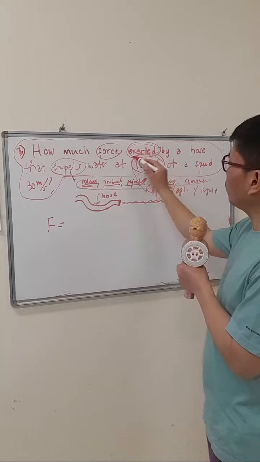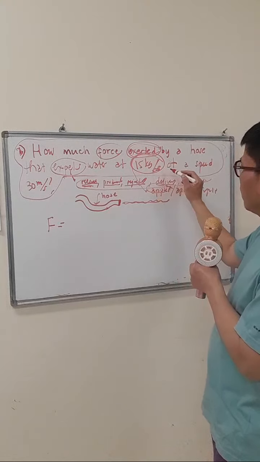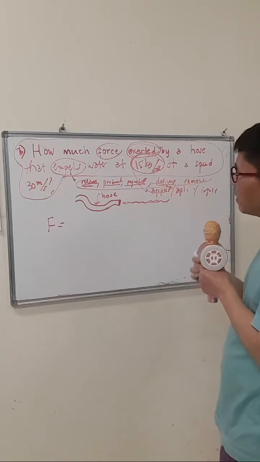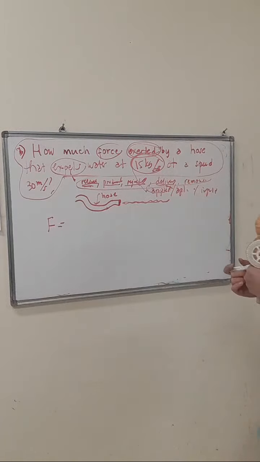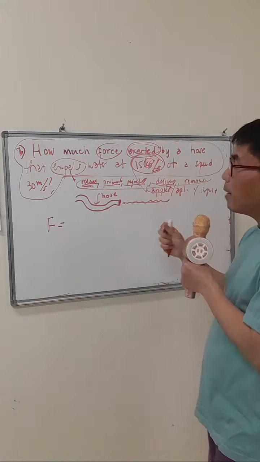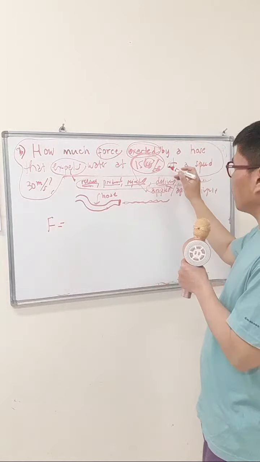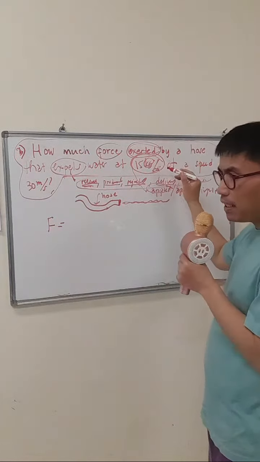Now we need to identify what is 15 kilograms per second. Is this a density? A solubility? A flow rate? Or a velocity? So the mass is in the numerator. This is going to be mass flow rate, because there's time in the denominator.